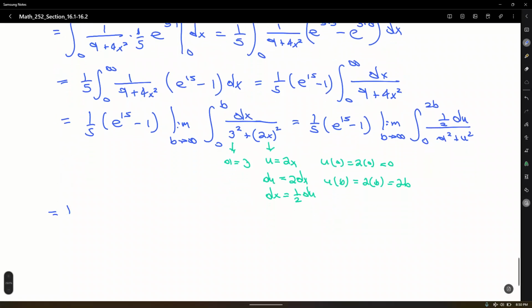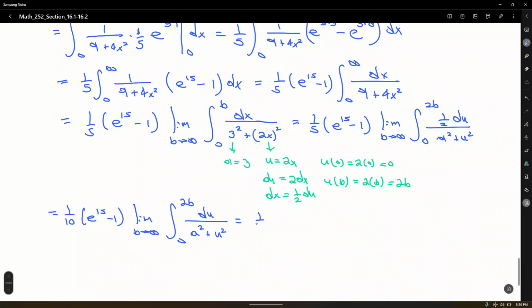So that equals 1/10 e to the 15 minus 1 limit as b approaches infinity of the integral from 0 to 2b of du over a squared plus u squared, where the integral of du over a squared plus u squared is our arctan rule.